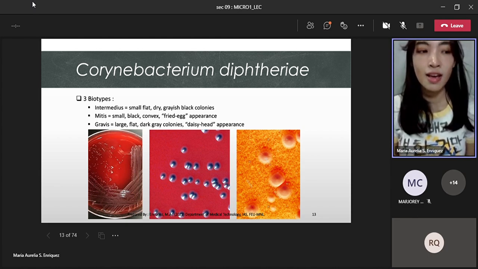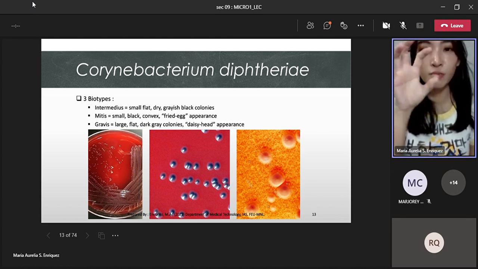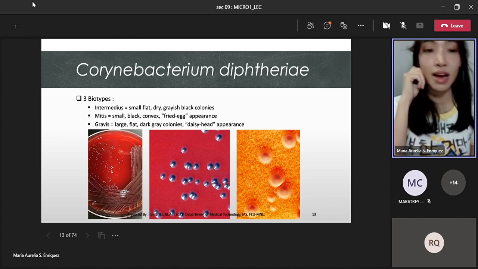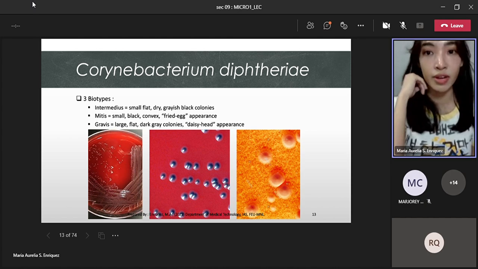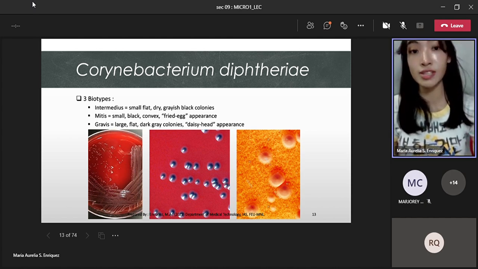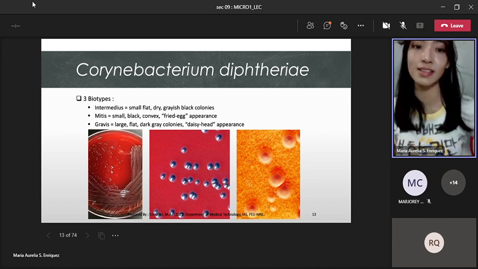So mukha daw po silang flowers or daisy heads kasi solid yung gitna tapos mukhang dispersed yung paligid ng colonies. So yan, that was for the gravis biotype of Corynebacterium diphtheriae. So ayun po, these 3 biotypes, most likely ma-observe natin yung differences nila based on ano ang itsura ng colonies nila.